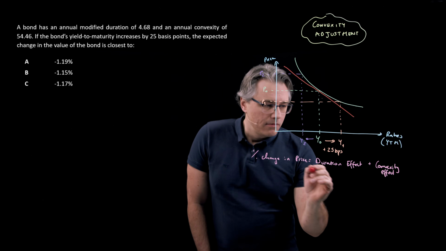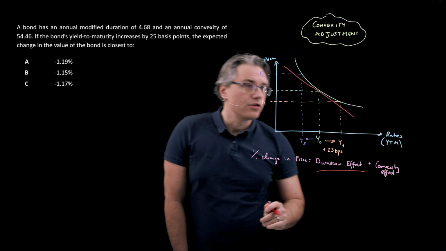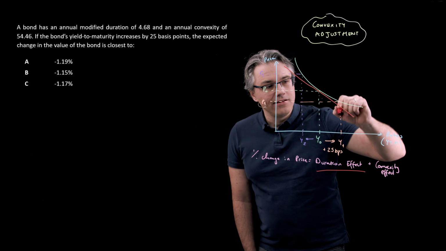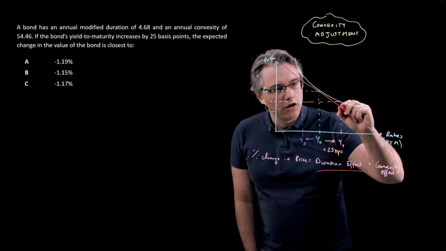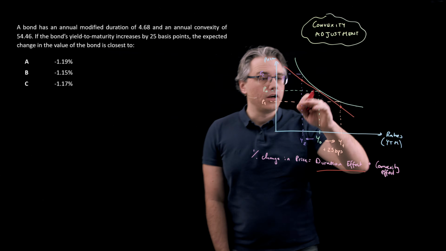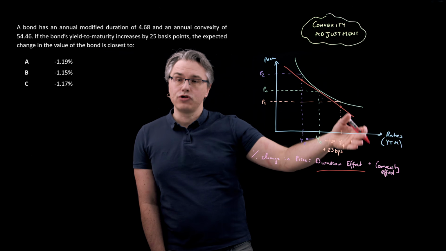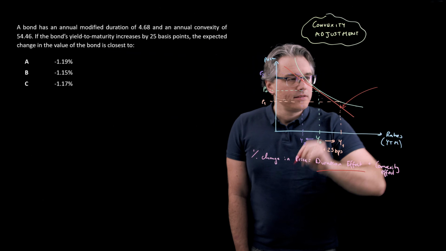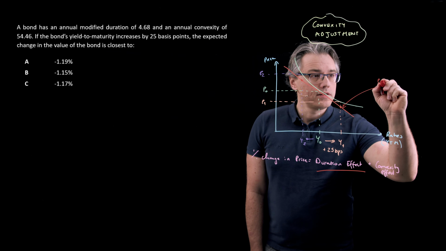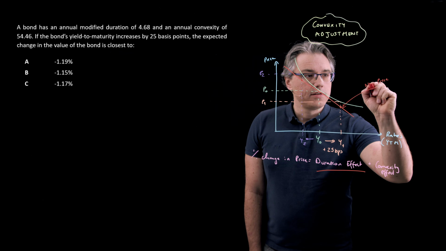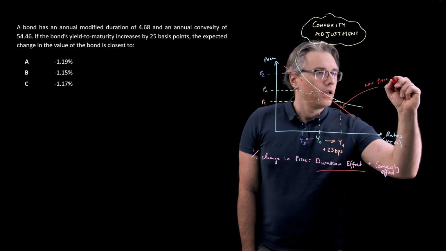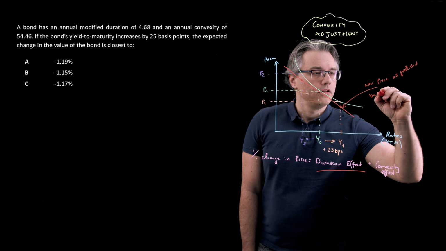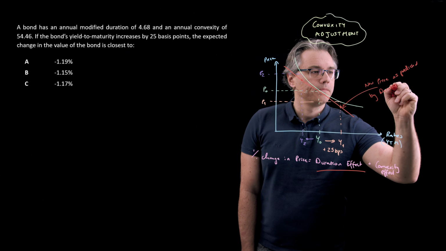So when you compute the expected change in bond price due to the duration effect alone, you're going to end up over here in terms of the forecast price change or new price. So let me say that this is the new bond price as forecast by duration effect alone.